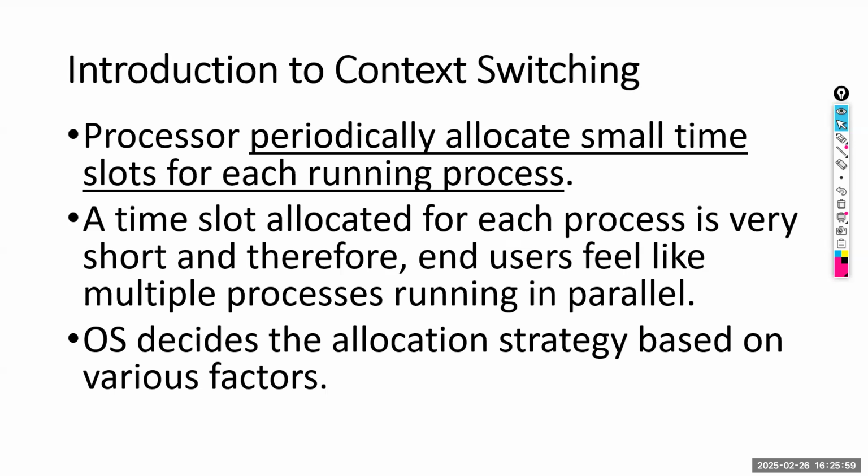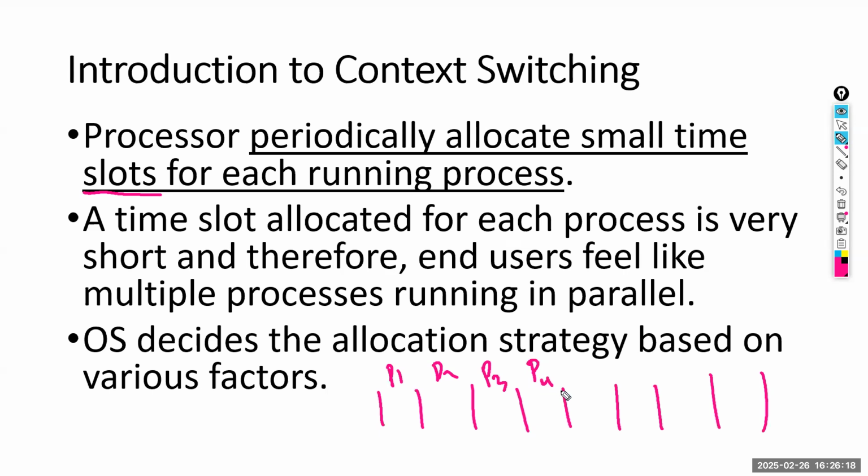So how does the operating system do multitasking? It periodically allocates a small time slot for each running process. So time slots are given. Maybe process 1 is given, process 2, process 3, process 4, where a process is a running program. Maybe again attention is given to process 1, process 2, and this can change. Maybe after process 2, it could be process 4, or process 5, and then process 3.